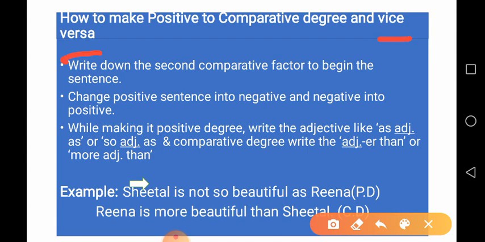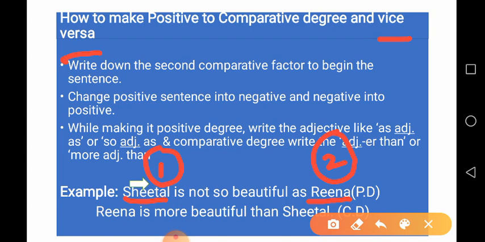So, see, when the first object is compared with the second, like here in the example, Sheetal is not so beautiful as Rina. Here Sheetal is the first object and Rina is the second object.